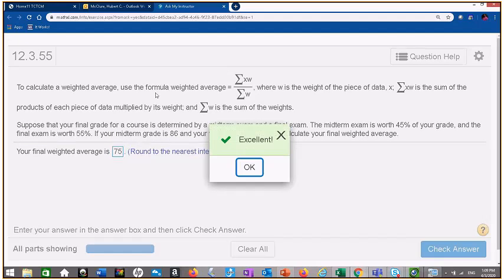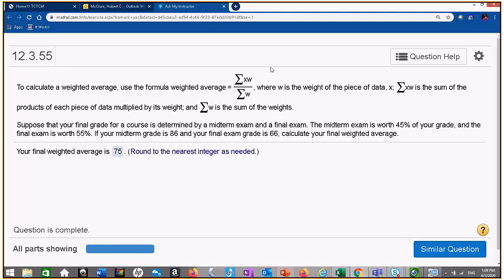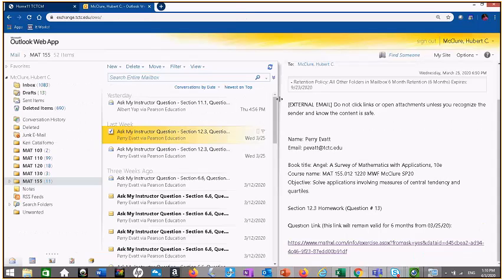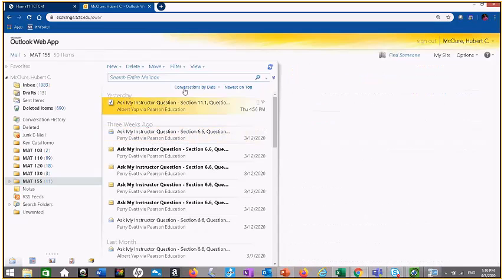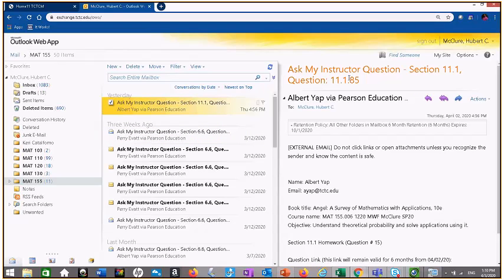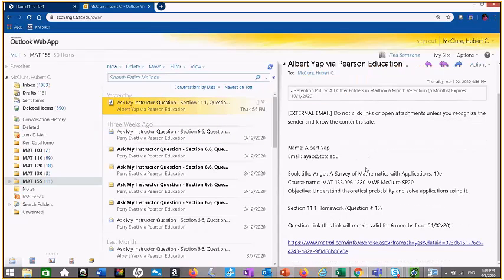So far we've done 1 test question and 2 homework questions. We're almost finished, and I'm going to delete these 2. And then we go into this question. This is 11.1, 85/15.